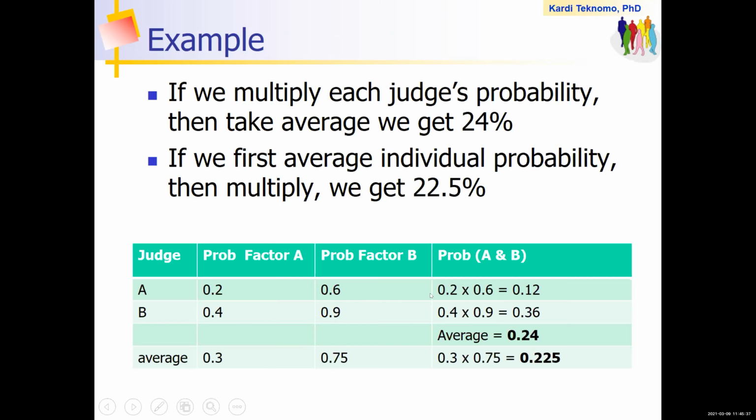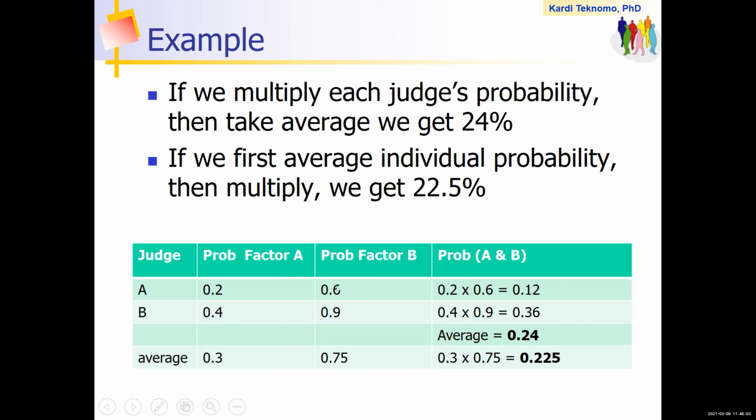Then you multiply these probabilities, and then you take the average between judge A and judge B, which gives 24% here. If you take the average of 0.2 and 0.4, you get 0.3.